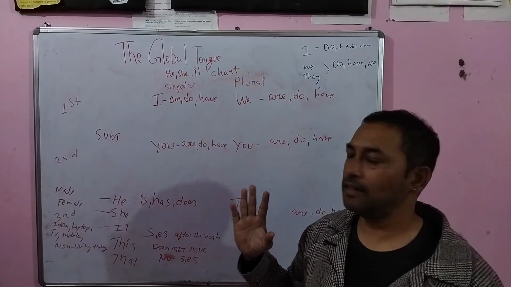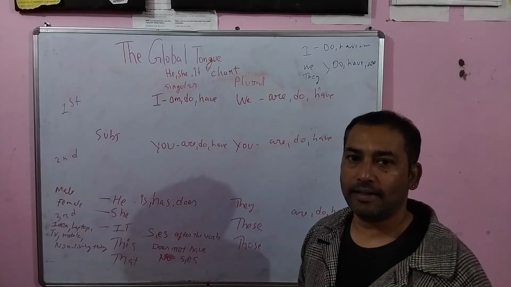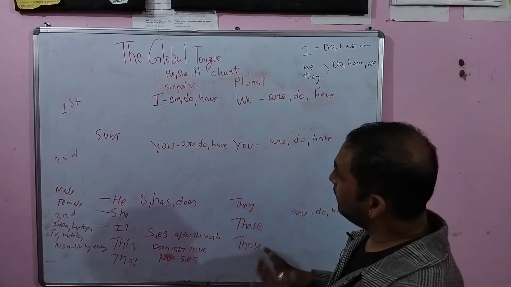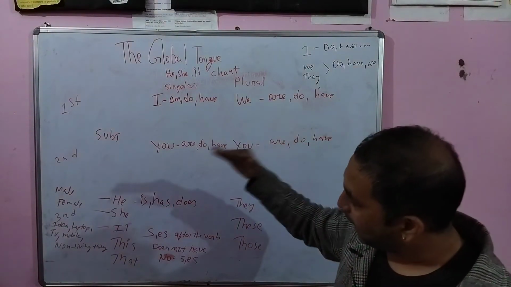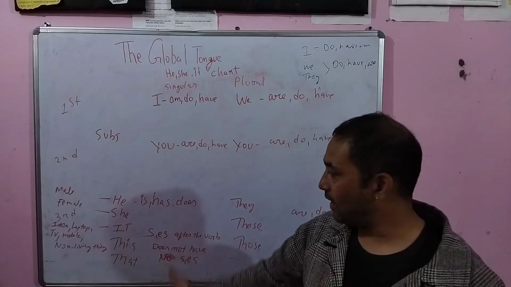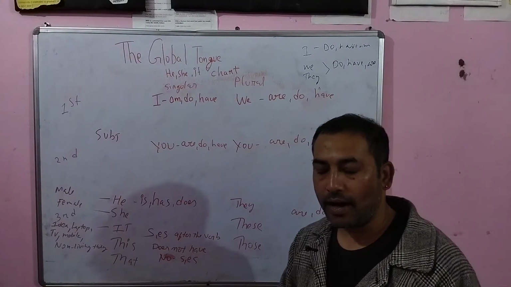Every time you see it, it will get into your mind automatically. Once you have learned this technique, you will be able to identify your subject easily, and you can speak English nicely.